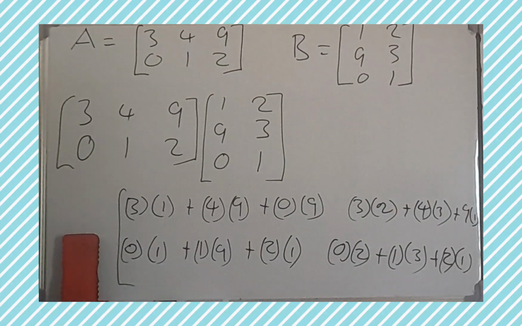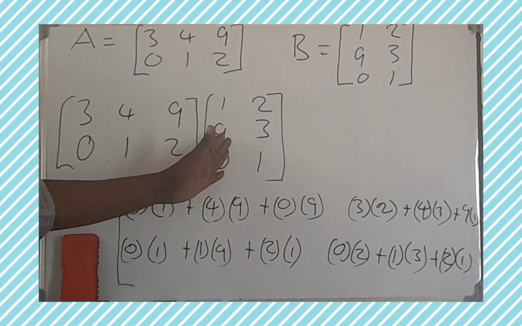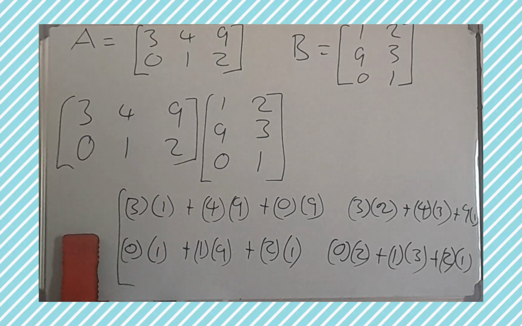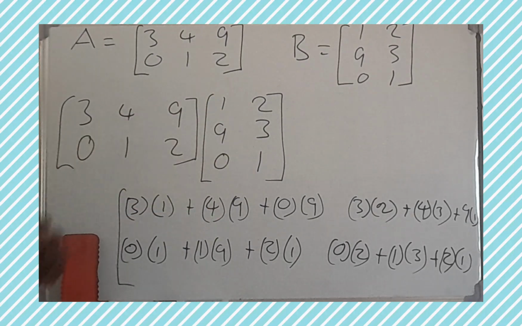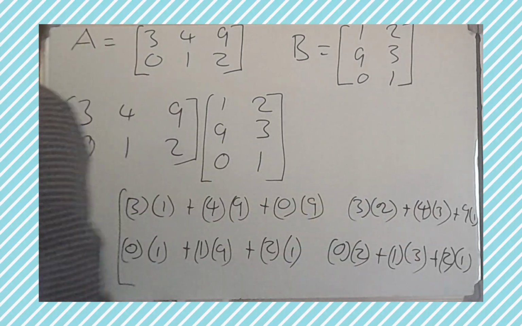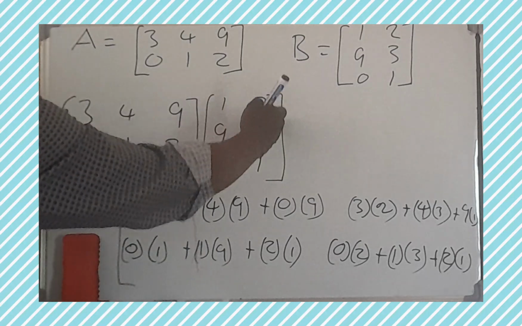Let's just slowly repeat what we did. The first element in our product is what we get by multiplying the first row by the first column of B. That's what we have here. The second element in the first column, we get it by multiplying our second row by the same first column of B. To get the elements in the second column, we multiply all the rows of A by the second column.